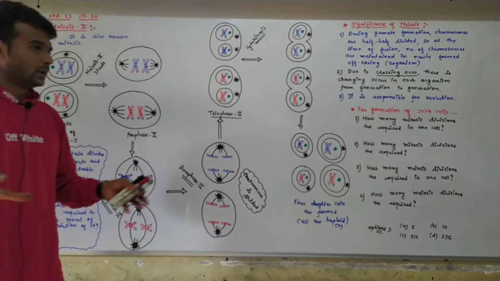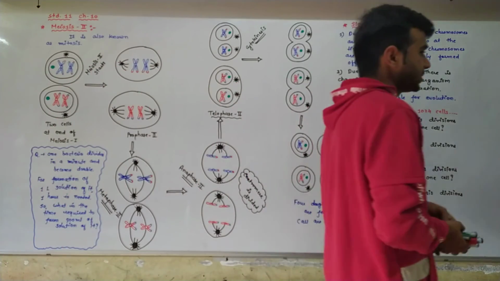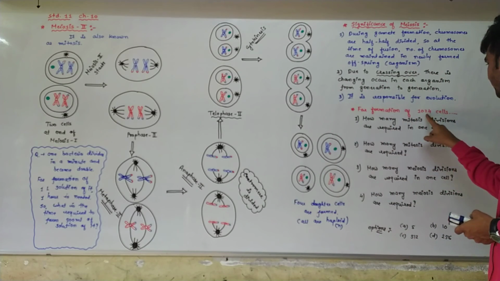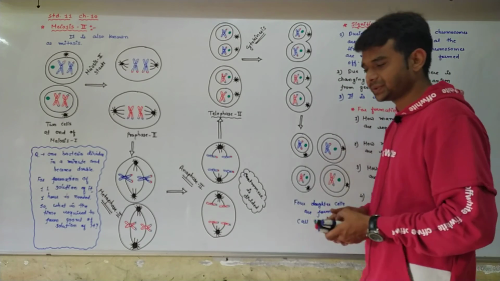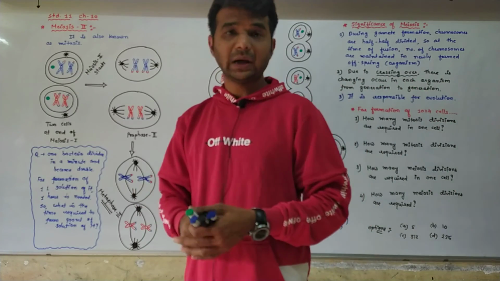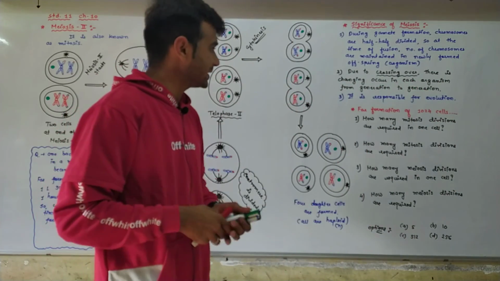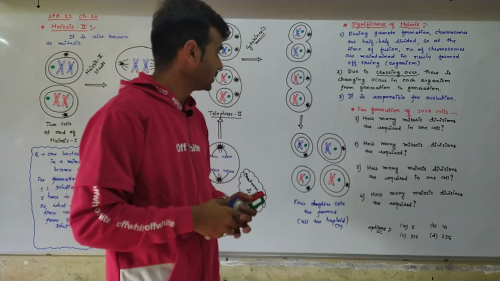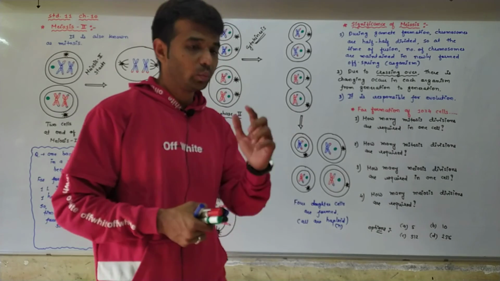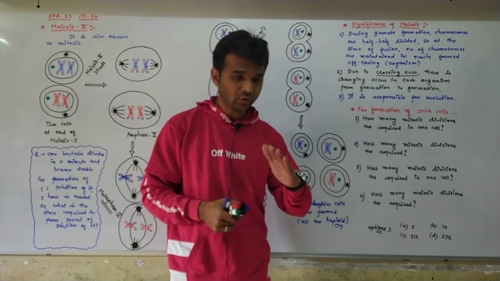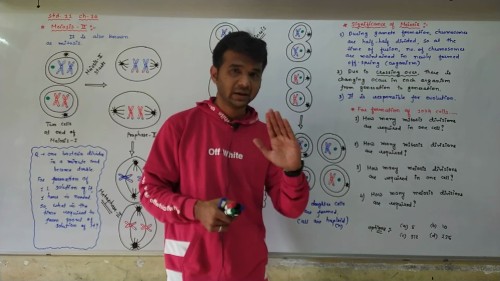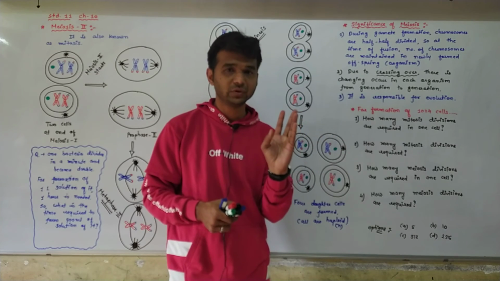See, only 5 questions. I have to form 1024 cells. How many mitosis divisions are required in one cell? From one cell, how many times does mitosis occur to form 1024 cells?